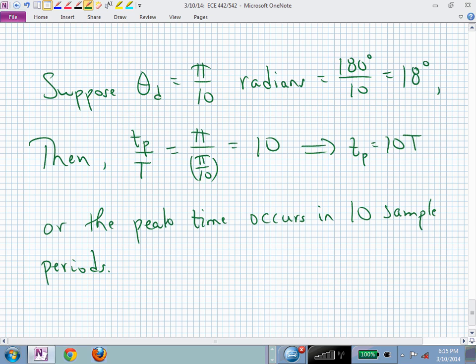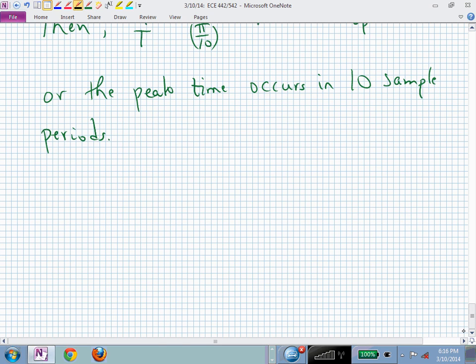Then we have to figure out how far in the unit circle we want them to be, but that's another design constraint. Suppose we move that angle to be more shallow. Suppose theta sub d, now instead of pi over 10, is pi over 20. That's now half of 18, or 9 degrees.